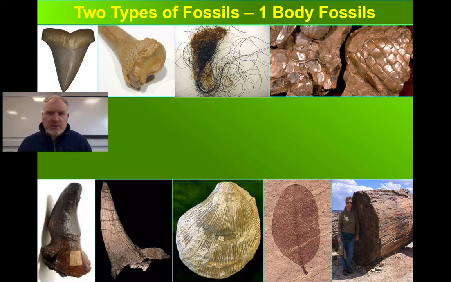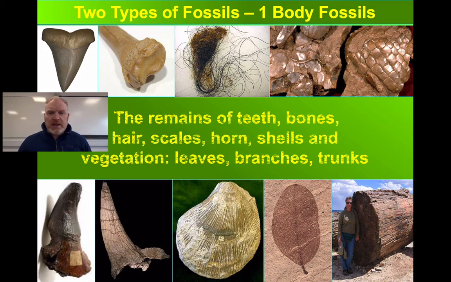There are two types of fossils that we need to deal with perhaps slightly differently. The first of these is a body fossil. Now, a body fossil is some part of an organism's anatomy that's been preserved in the rocks. Typically these are things like teeth, bones, shells, horns. In plants, it could be leaves or branches or roots or trunks of trees.